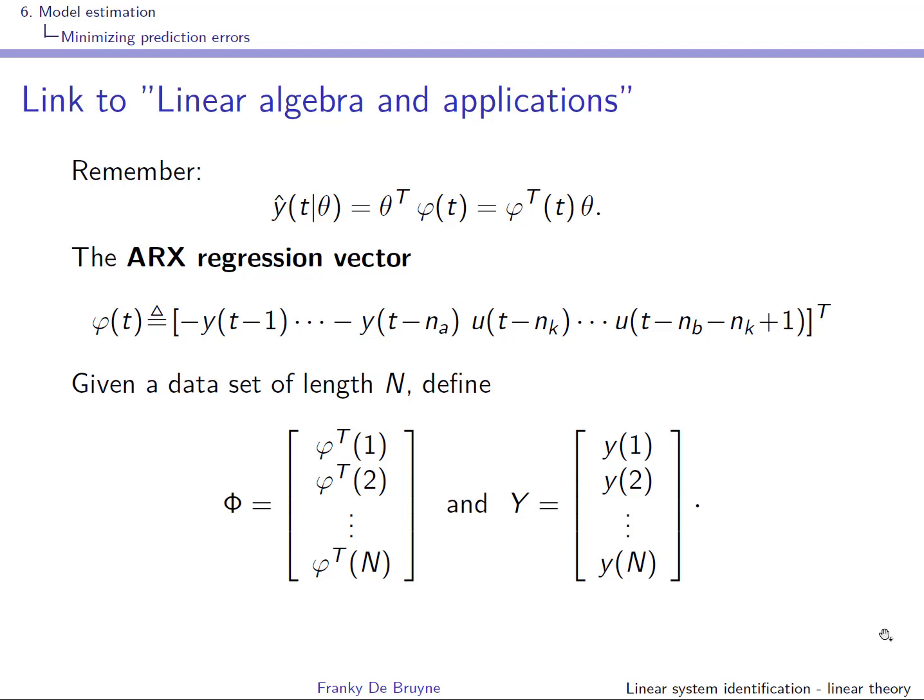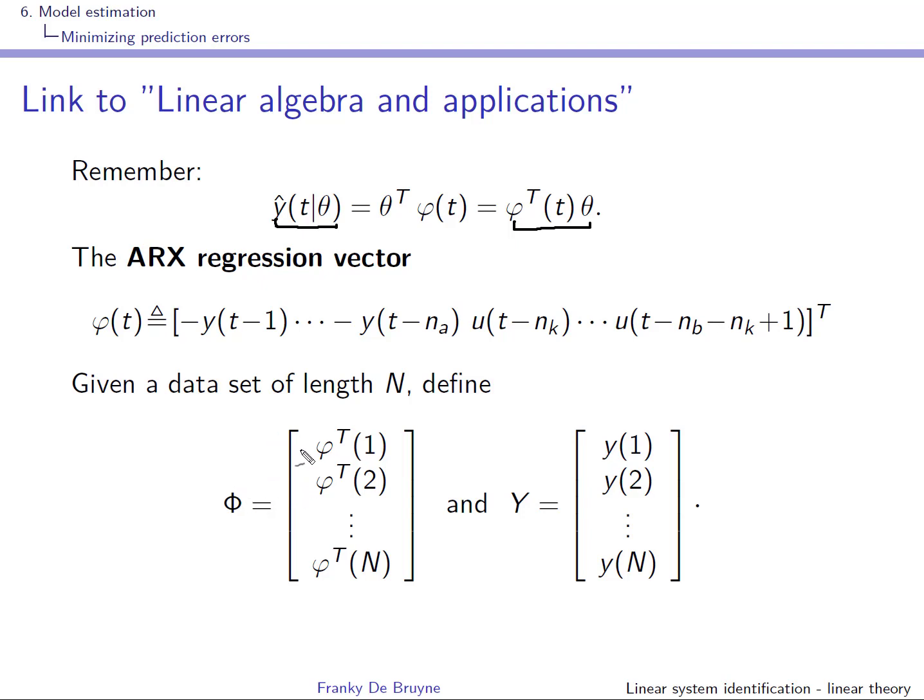And it's here that you can clearly see the link with the course of last year, linear algebra and applications. So remember that the one step ahead prediction can be constructed as follows. For the ARX model, it's nicely linear in the parameters, and the regressor is independent of the parameters, right?